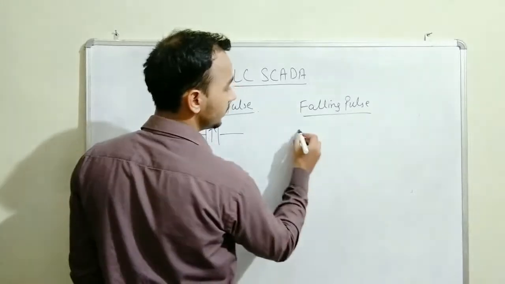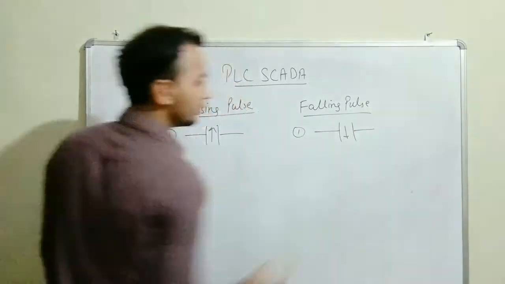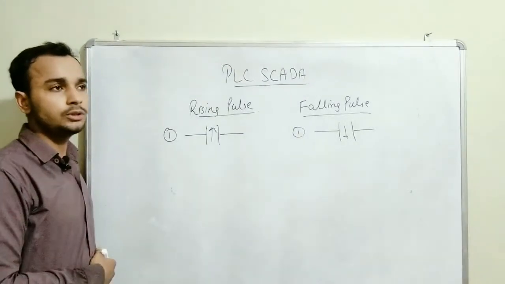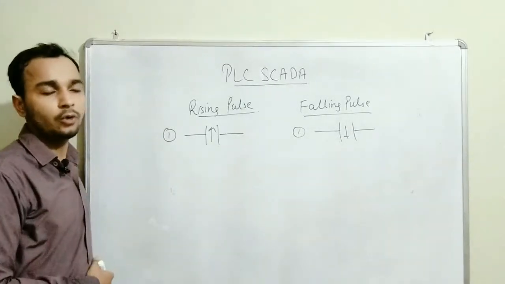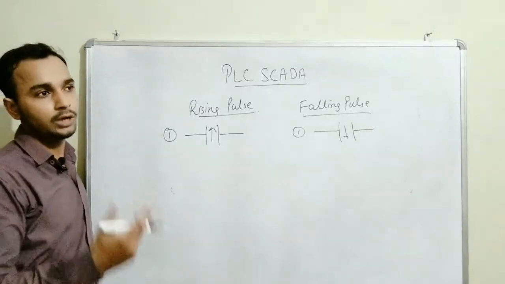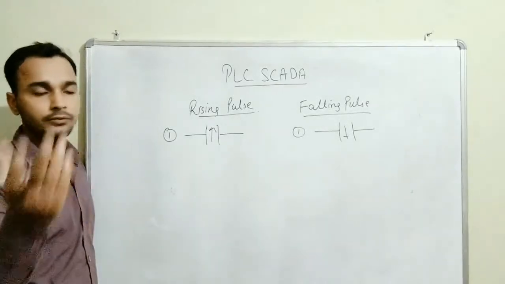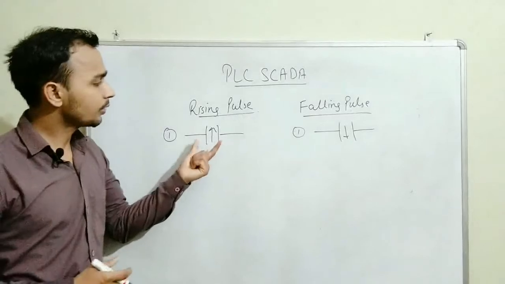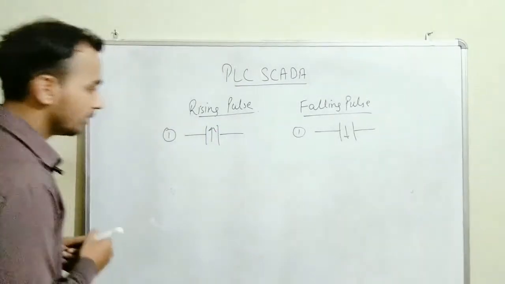Rising pulse is used when we are making a program for parking, for people entering or exiting a room. So you can say the rising pulse instruction is used for sensors.